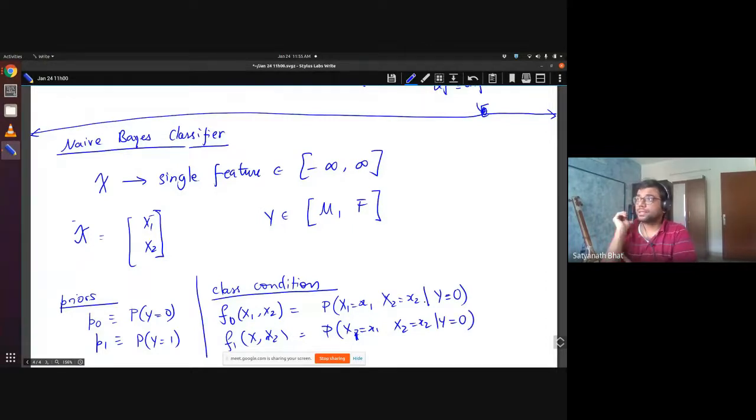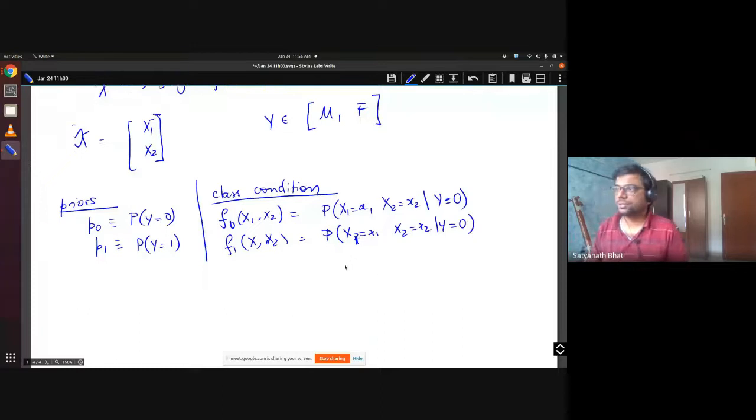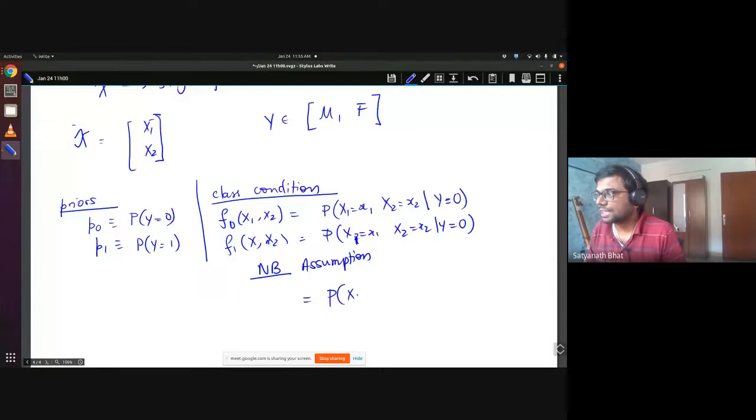So this is how things will change. Now, using the naive Bayes assumption, we are going to assume that this is actually equal to P of x1 equal to small x1 given y equal to 0, times P of x2 equal to small x2 given y equal to 0.